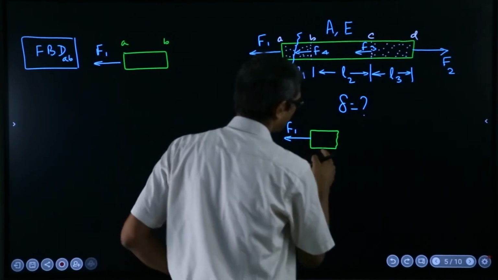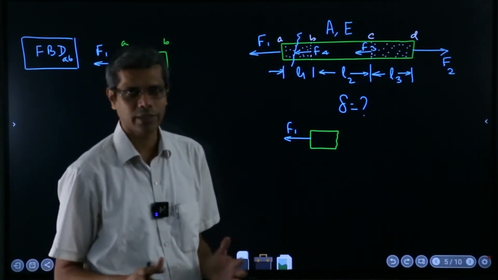Obviously this part is in equilibrium, it's not moving, everything is static.